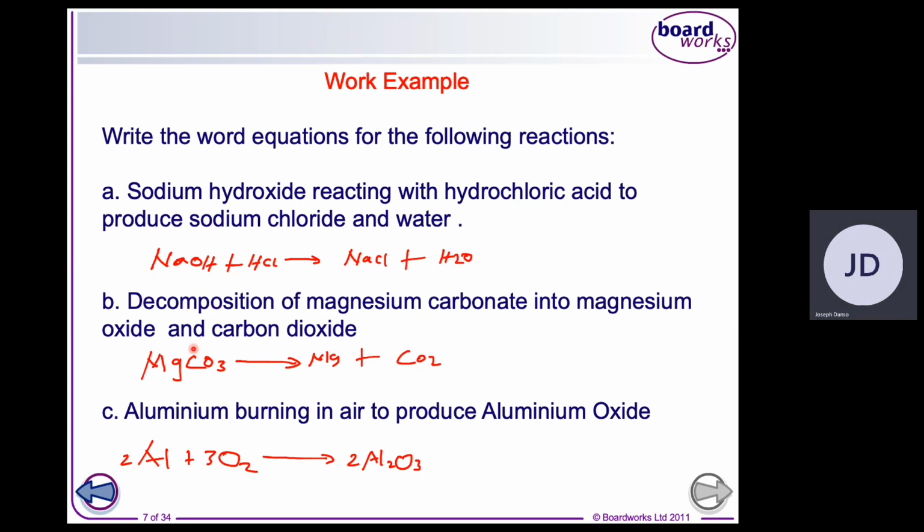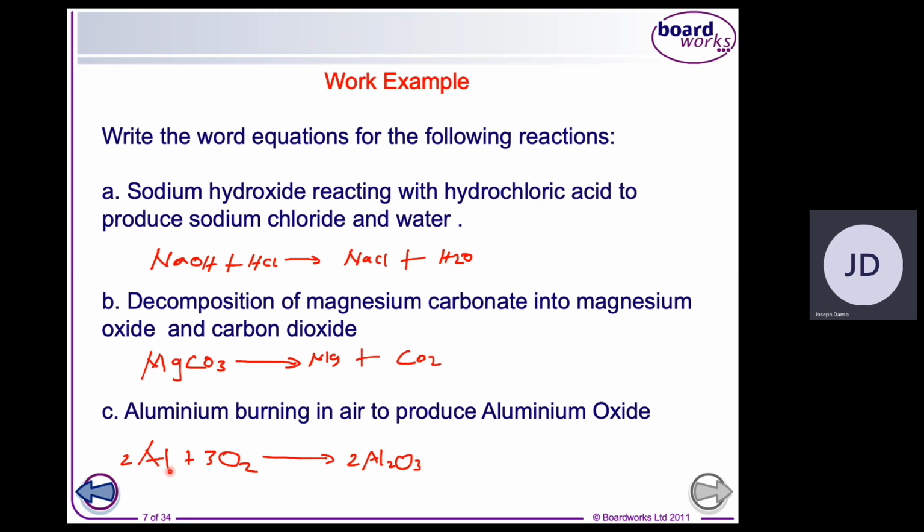For B, we have magnesium carbonate decomposing or breaking down into magnesium and carbon dioxide. And C, aluminium burning in air, burning meaning that it is reacting with oxygen, to produce aluminium oxide.